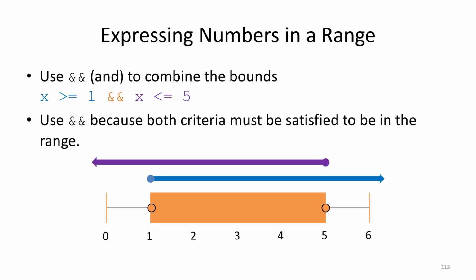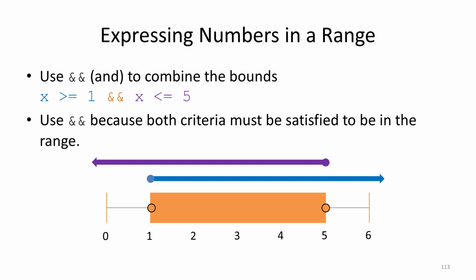So we have a way to express the lower bound, and we have a way to express the upper bound. Then what we will do is use the AND to combine the bounds. We need to use the AND because both criteria need to be satisfied. In order for a number to be between 1 and 5, it must satisfy the lower bound and it must satisfy the upper bound. Here on this slide, I illustrate that.